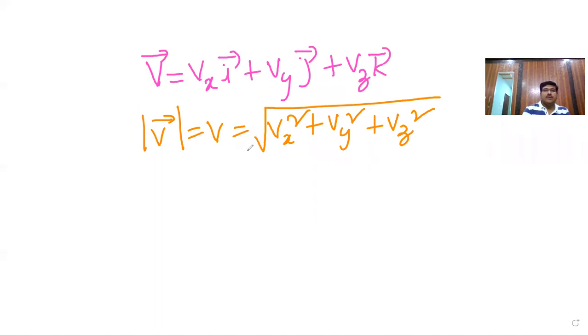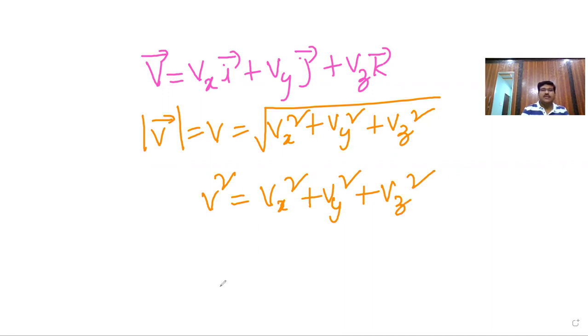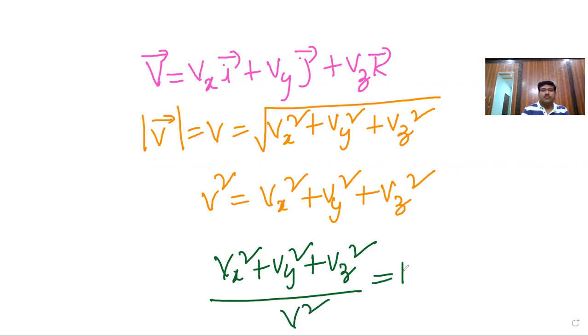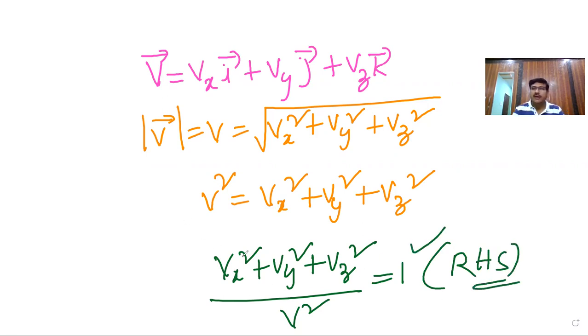Now, squaring on both sides, V square is equal to Vx square plus Vy square plus Vz square. Simplifying, Vx square plus Vy square plus Vz square by V square is equal to 1. This is proved, right hand side. So this is the concept behind the direction cosines, where cos alpha, cos beta, and cos gamma are known as direction cosines.